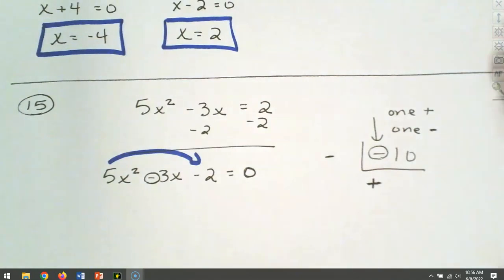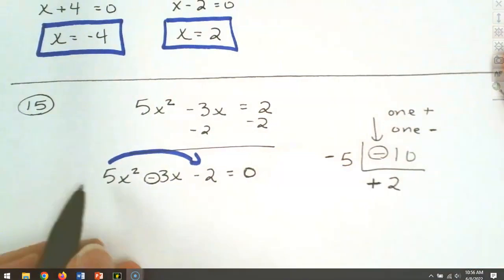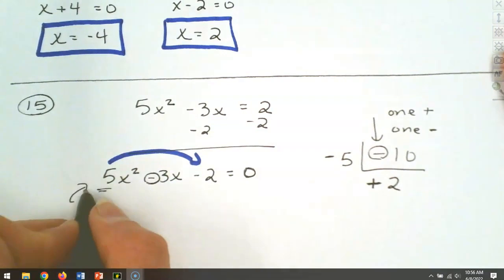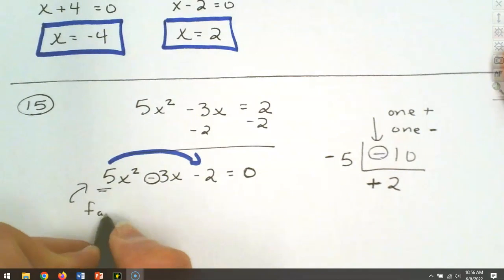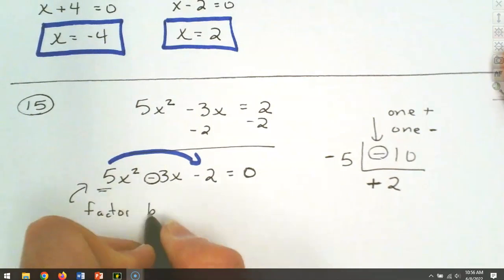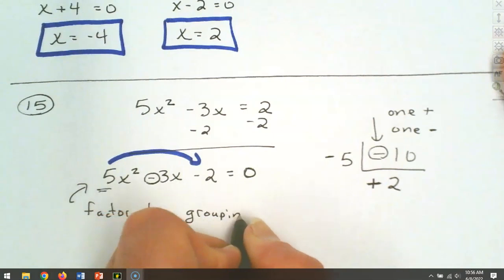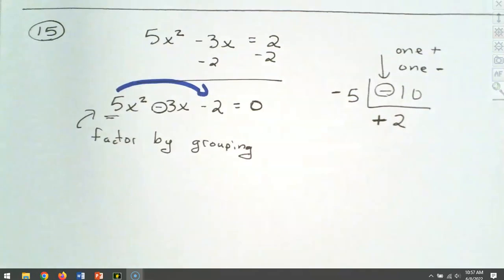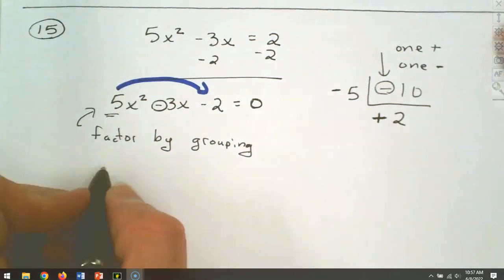Now, this right here tells me that is going to have to be factored by grouping. If it was a 1, it would be much easier. Because if it was a 1, then we could just jump to our answer. So because of that 5, we're going to have to factor it by grouping.